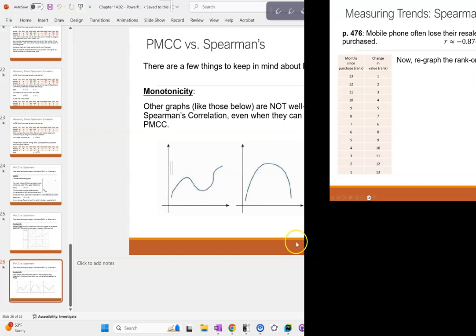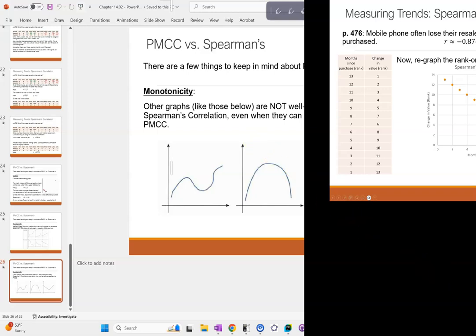Okay. When I do that, I can now find the correlation using the same formula as the Pearson. I'm just going to be using the rank data instead of the raw data, but it's the same formula as a Pearson. So if I plot this, this is my scatter plot.